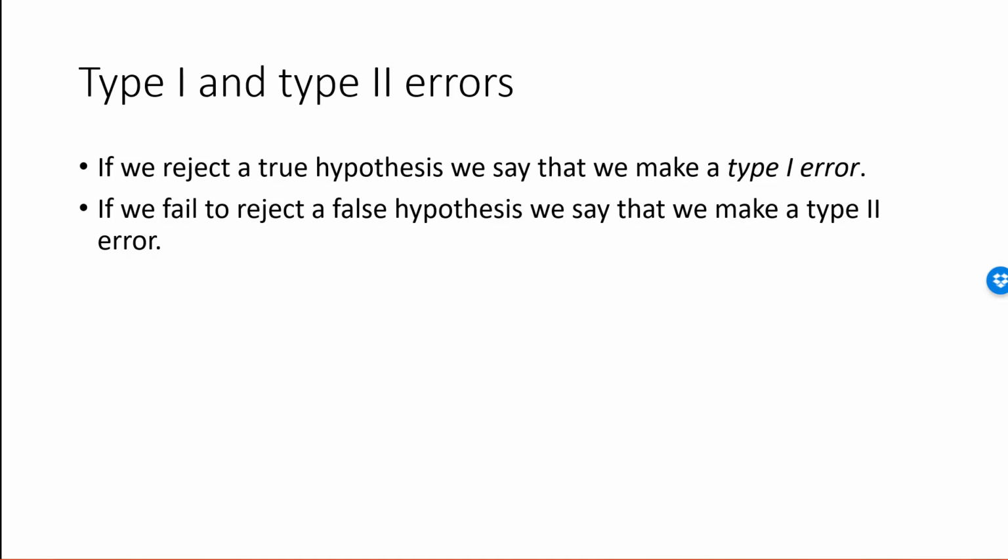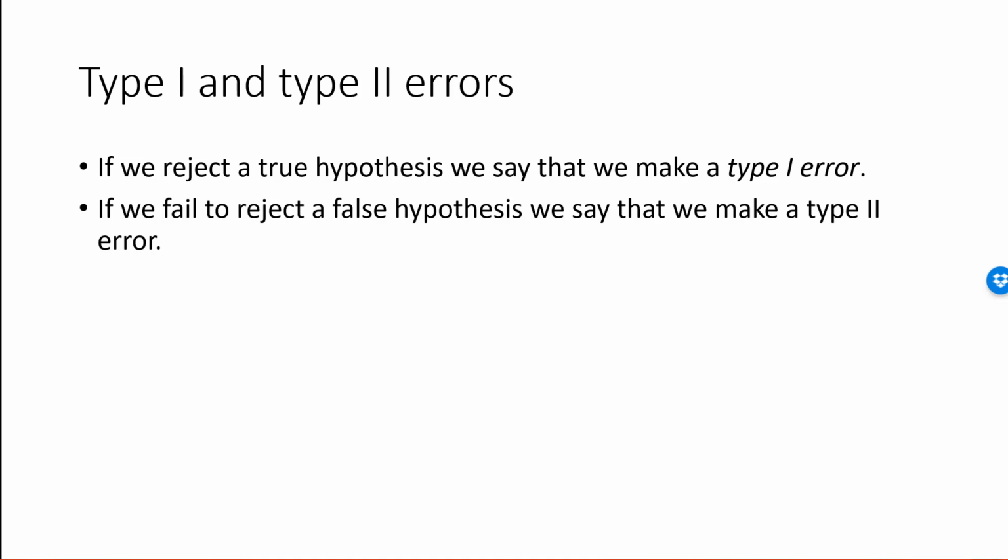If our defendant, for example, actually is guilty, so that our null hypothesis is false, but we fail in collecting evidence against the defendant and are unable to reject it, so we have to proclaim the defendant as not guilty, then we're making a type 2 error.